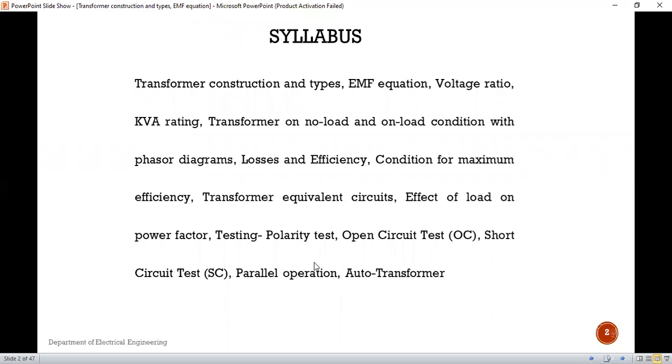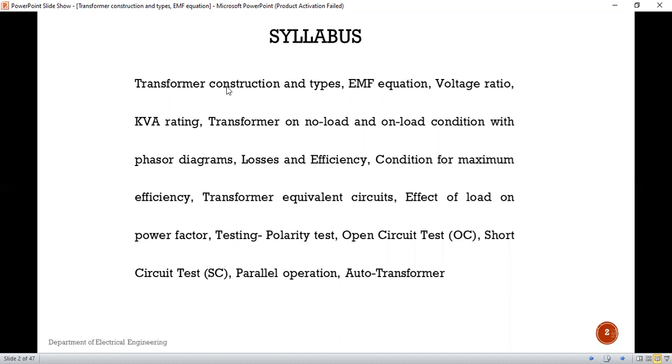Then the condition for maximum efficiency, that is, when the maximum efficiency of the transformer is obtained. We want to derive that condition for maximum efficiency.